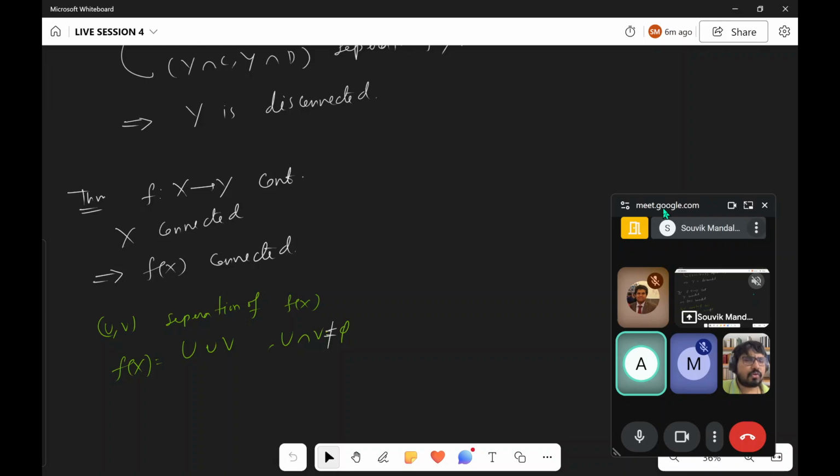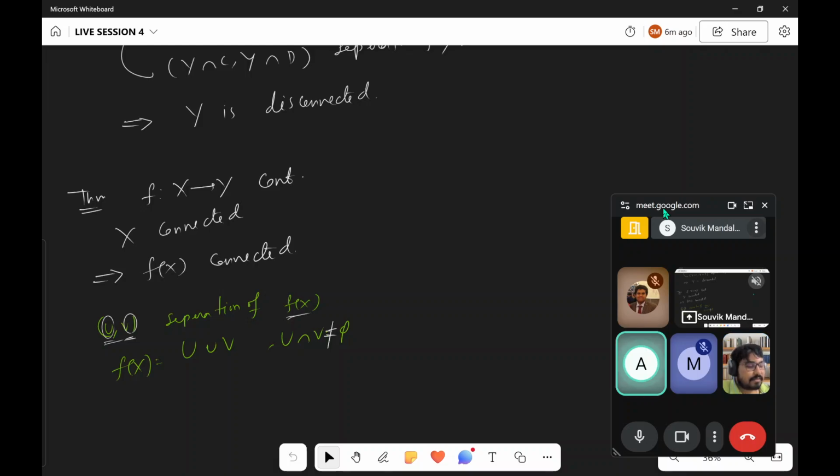So what are the separations of X? Suppose we are saying that U, V is the separation of f of X. What is the separation for X? U and V are a separation of f of X; they lie within f of X. We need to go to X only, right?